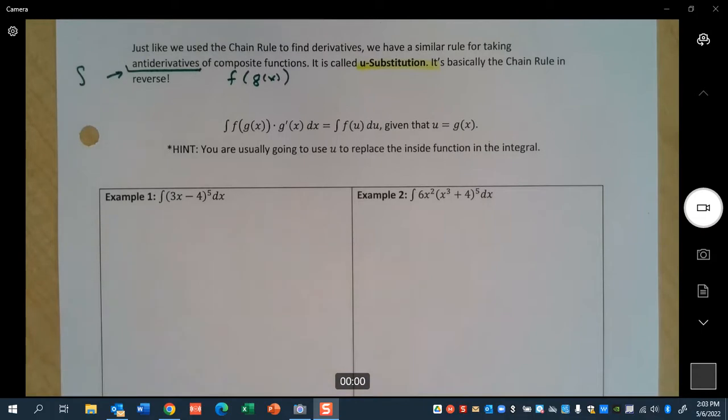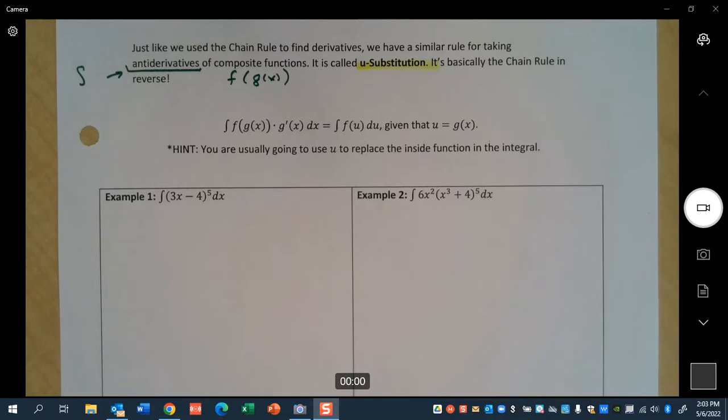So if you look at what's going on here, we have this f of g of x times g prime of x. This should be similar to what we did in that one lesson where we were doing inverses, where we had to take that chain rule. So for what we can't solve, we're going to bundle it up and put it aside for a minute, give it another name, and have that u be the inside of that function.